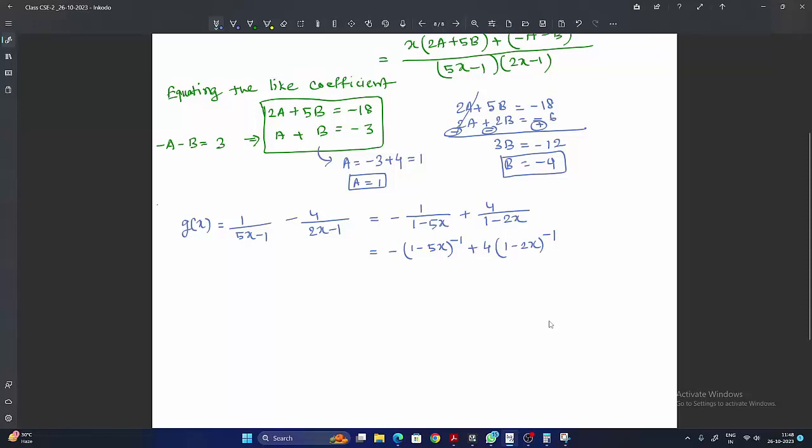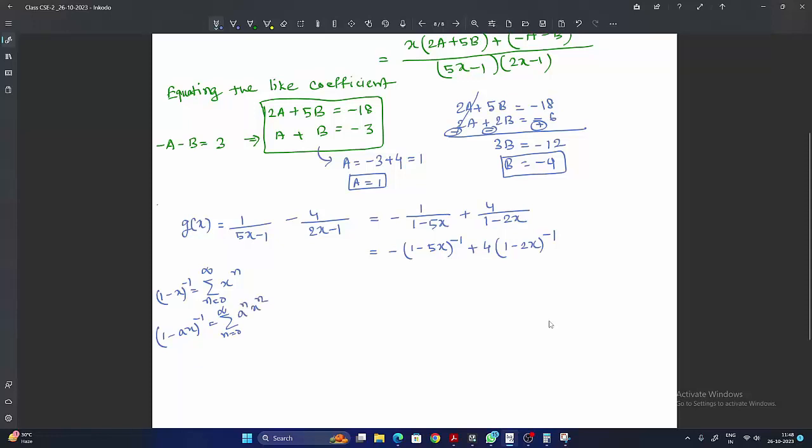So now you can put the series here, you know the formulas. The series of (1 minus x) to the power minus 1 is the sum of x to the power n, where n is equal to 0 to infinity. And if you have (1 minus ax) to the power minus 1, your series will be the sum over n from 0 to infinity of a to the power n x to the power n.